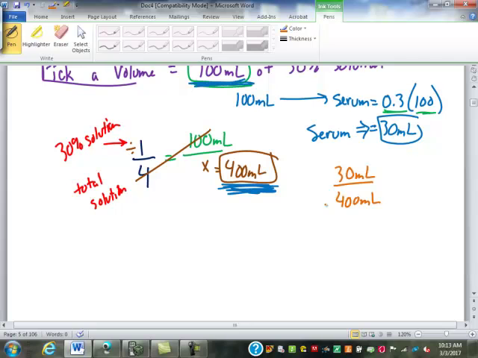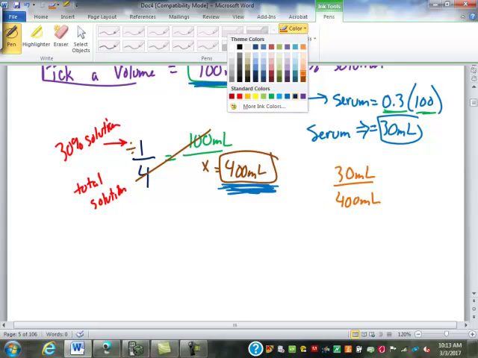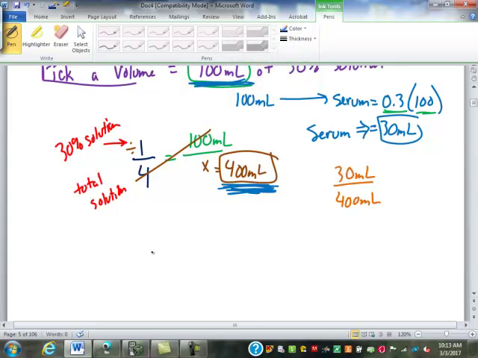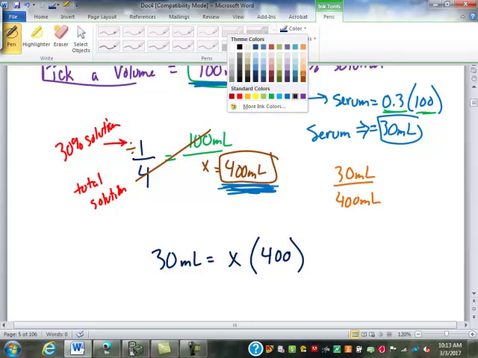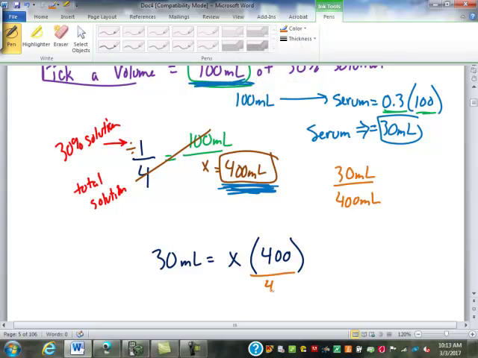So what we could do is we could solve that. 30 milliliters of medication equals X, which is our concentration, times our total volume, which would be 400. Dividing that out, dividing by 400 on both sides, would give us 0.075.